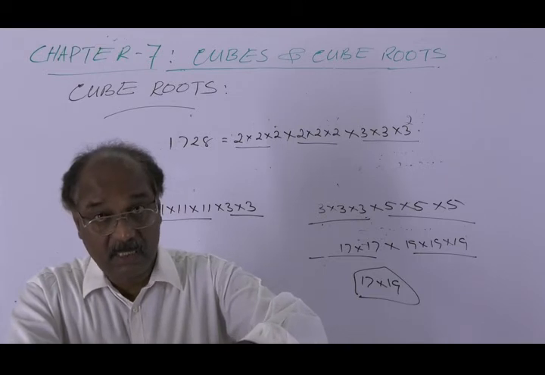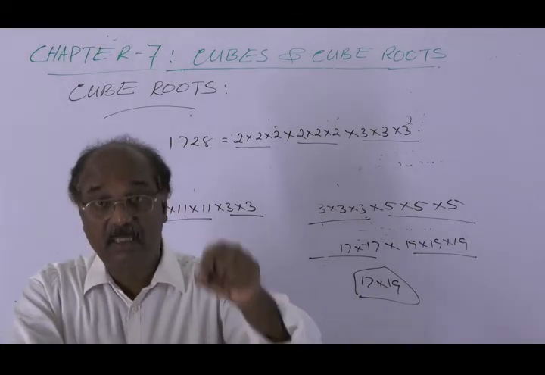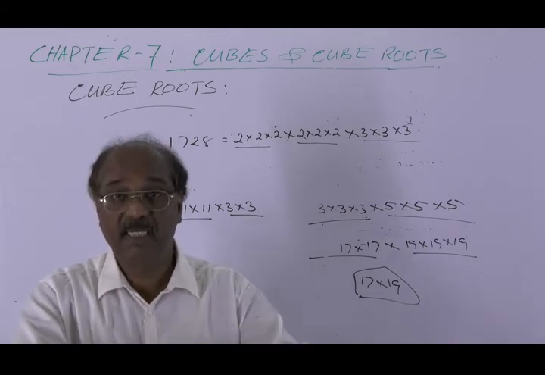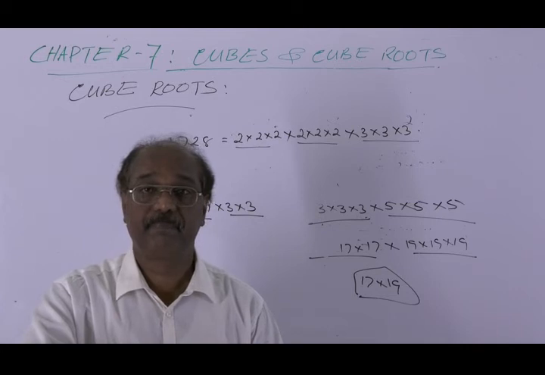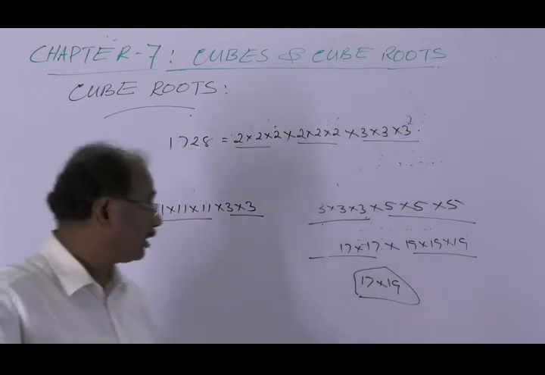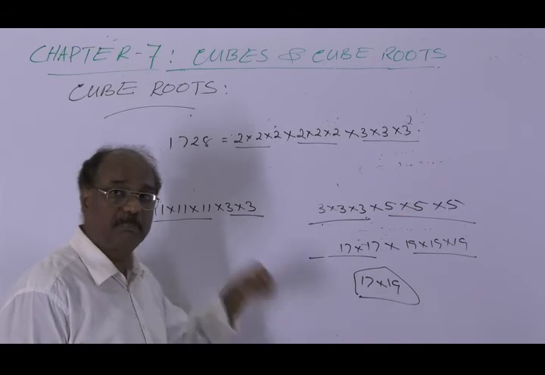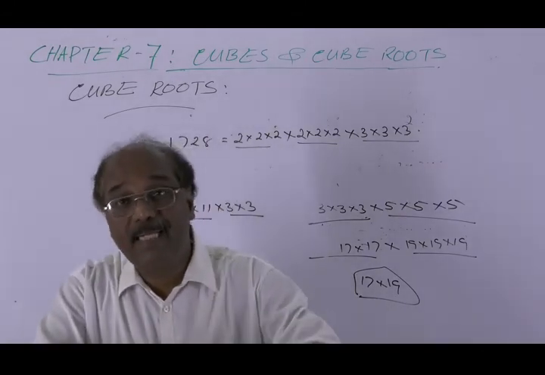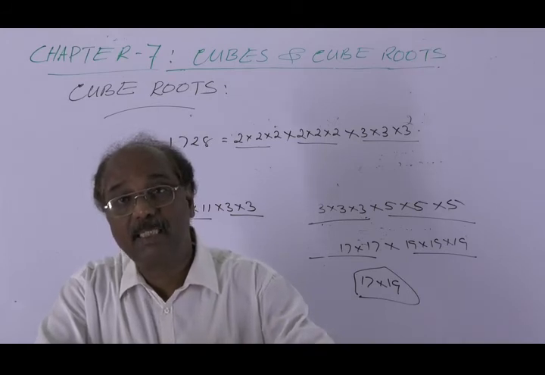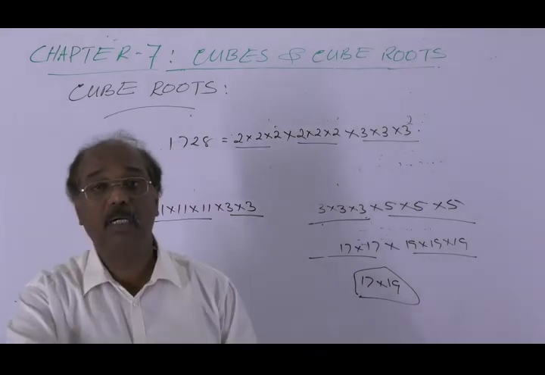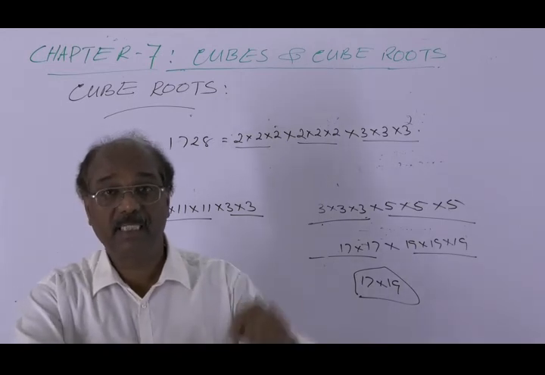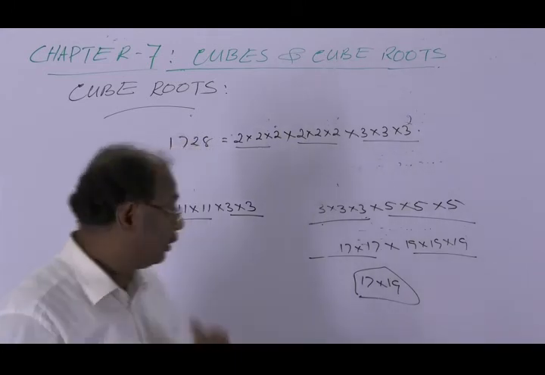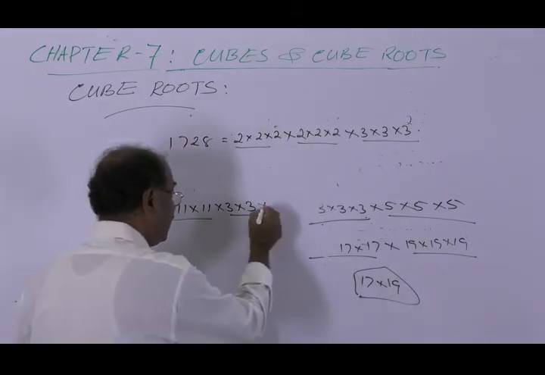If we want a perfect cube, we should multiply the prime factors in triples. And therefore, suppose this is the given number and it is not a cube. How can we make this product a cube? By multiplying by a certain number. We can multiply this again with one more 3.